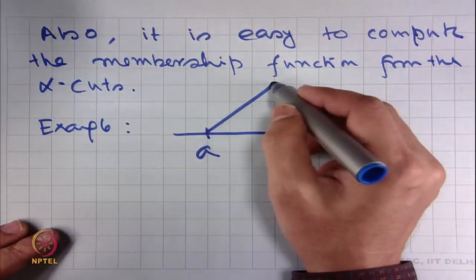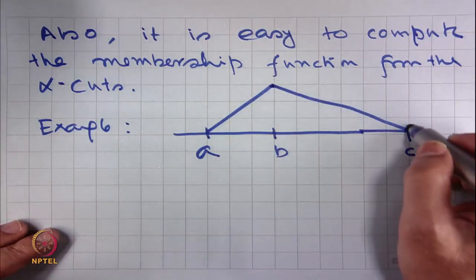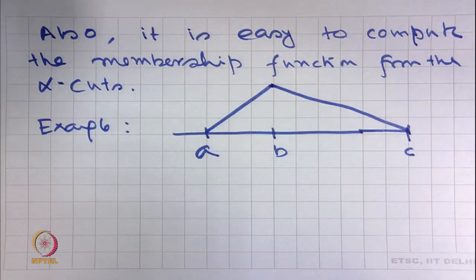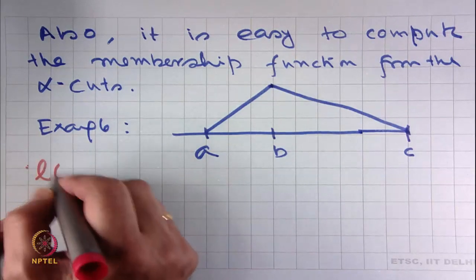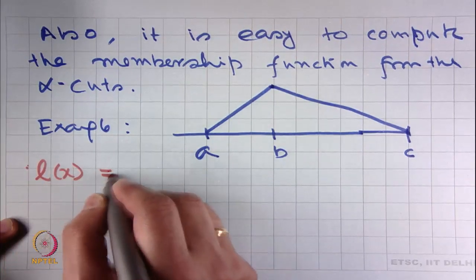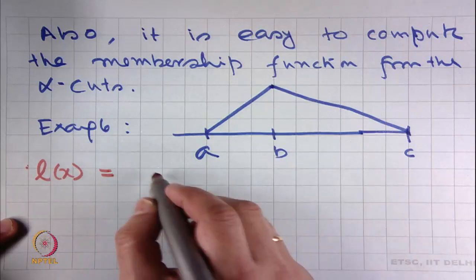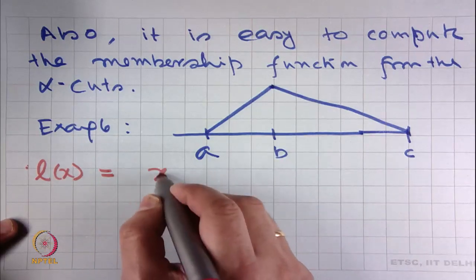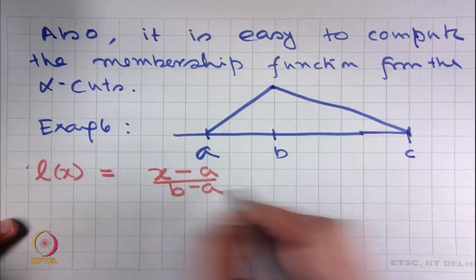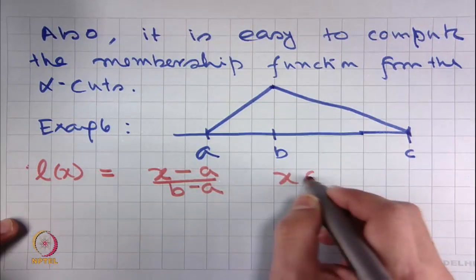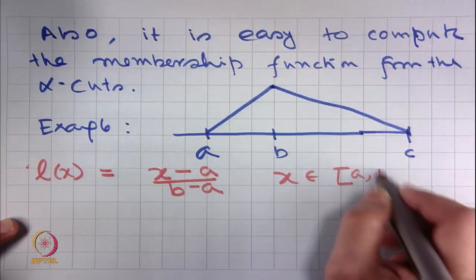Between A to B it is linear and between B to C it is linear, then Lx is equal to (x minus a) upon (b minus a) for x belonging to [a, b].